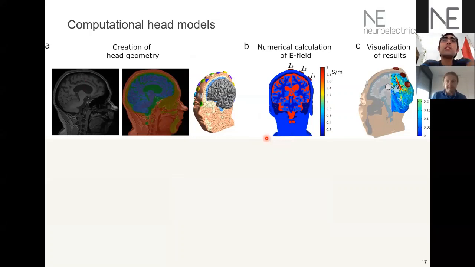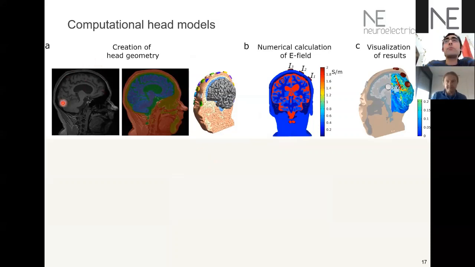Computational head models in tES can be created using different methods, but all of those methods follow essentially the same pipeline. The input to create a computational head model is usually a structural MRI of the brain.